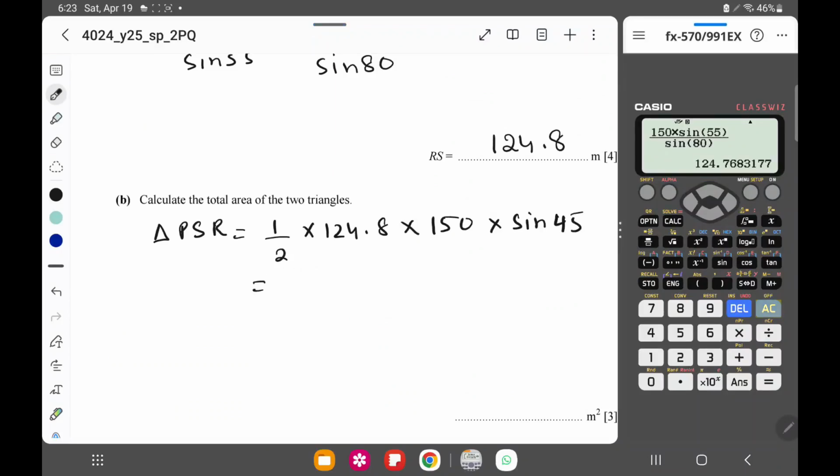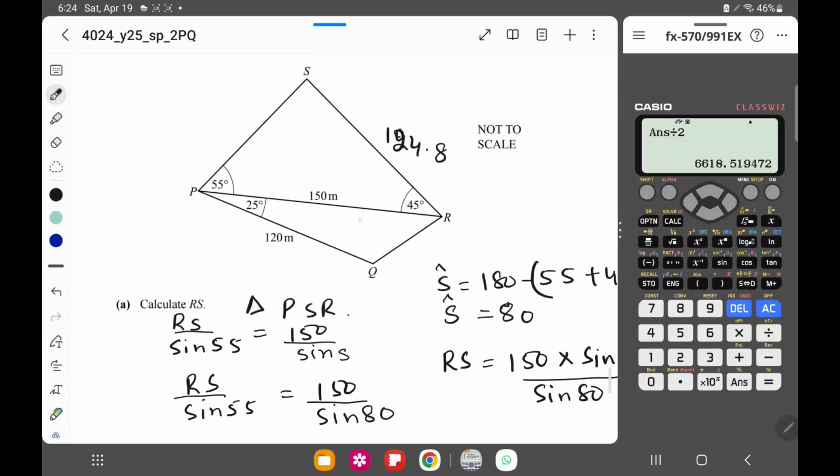Calculate: 124.8 into 150 into sine of 45, close bracket, and then divide by 2. That equals 6,618.52 square meters.